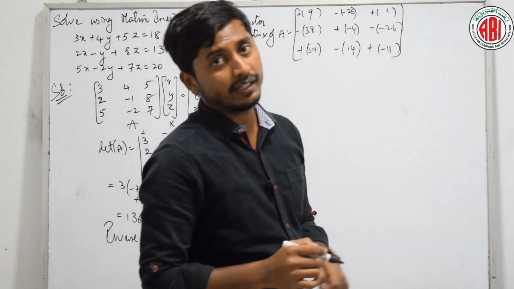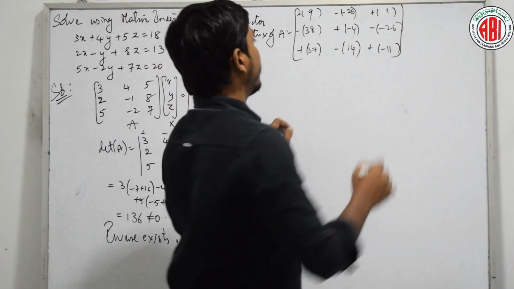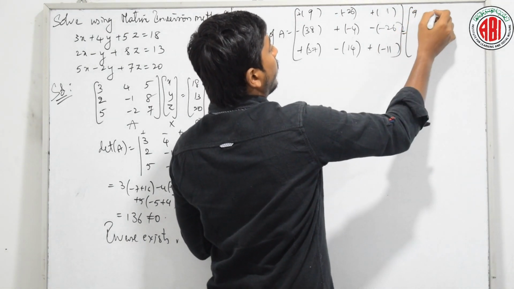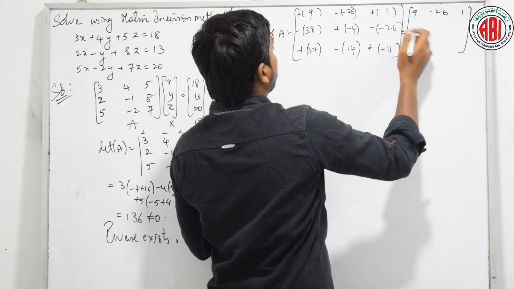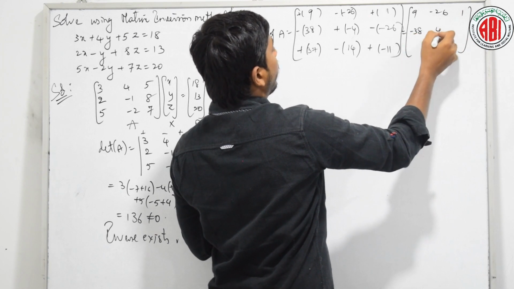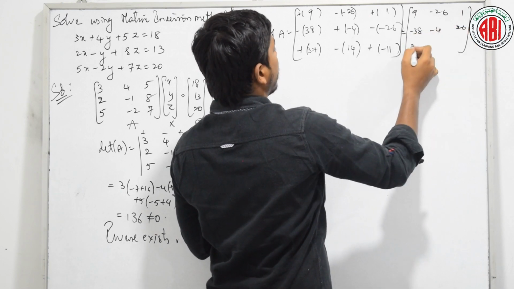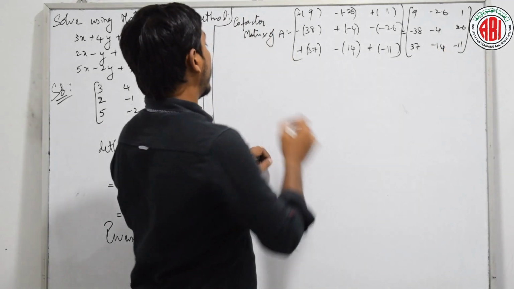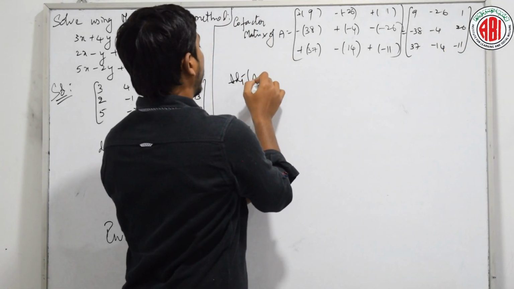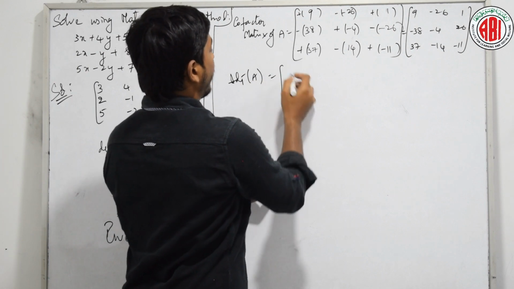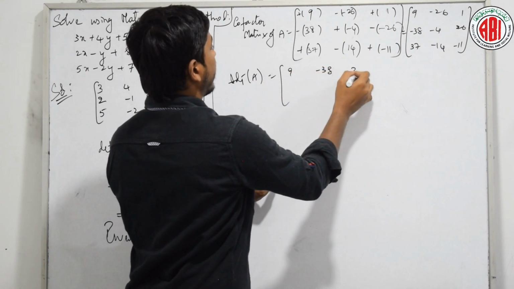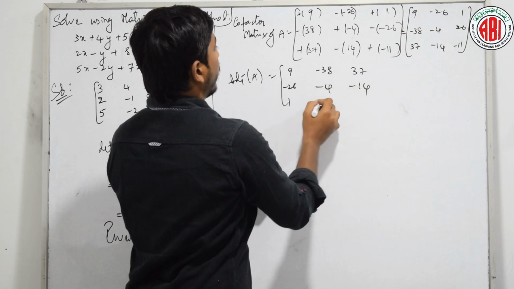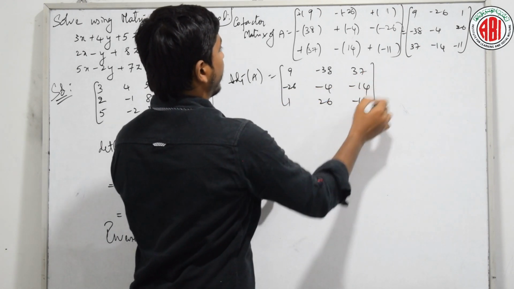Is it right? Now what do we have to do? Let us write it in a simplified way: 9, minus 26, 1; minus 38, minus 4, 26; 37, minus 14, minus 11. Then what is adjoint A? Adjoint A is the transpose of this cofactor matrix: 9, minus 38, 37; minus 26, minus 4, minus 14; 1, 26, minus 11.